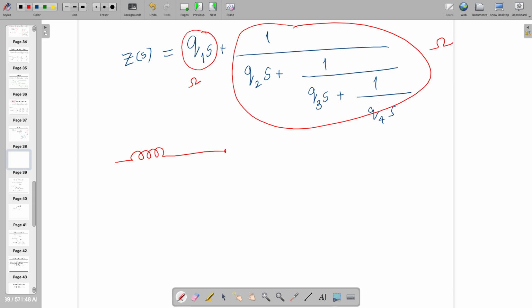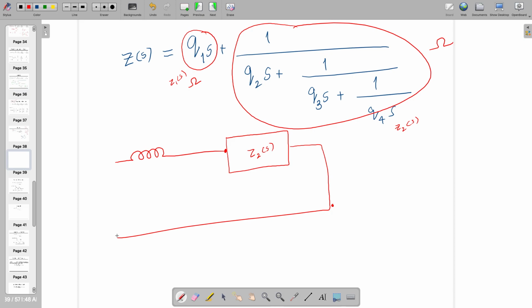Series means the negative terminal and the other terminal will not go to zero directly, right? So for the whole transfer function, let's call this one Z1 of S and this Z2 of S; both will be in series and come back, right? From this side, if I am looking at Z of S, it's the addition of two transfer functions, Z1 of S and Z2 of S. But now, what is Z2 of S?